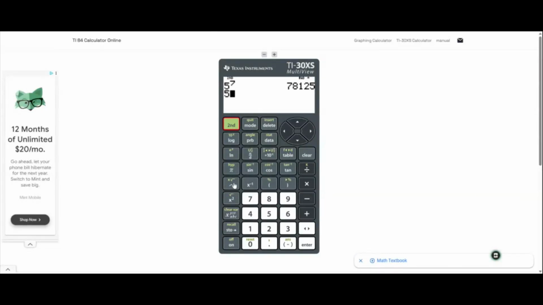Then I would do 2nd caret so that we get the root symbol, and then we would have 3279 and hit enter and get 5.05. Okay. And so we were learning with the calculator that you use 2nd caret. And that helped us find roots.